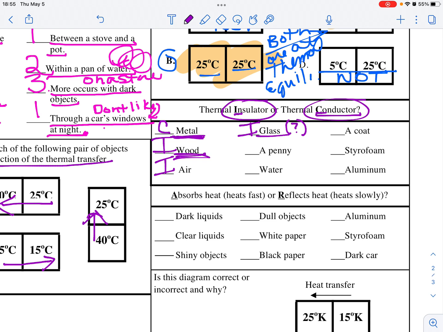Next, we have a penny. Well, a penny is made out of copper and zinc, which are both metals, so that would be a conductor. Is water an insulator or is water a conductor? Water can conduct an electric current, and it can conduct heat.